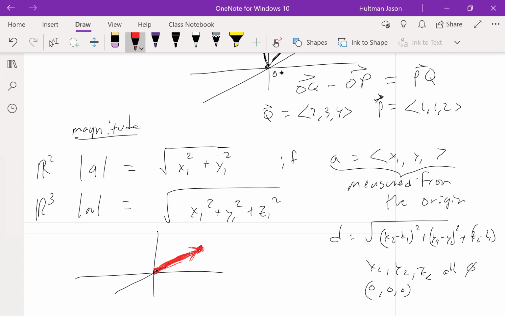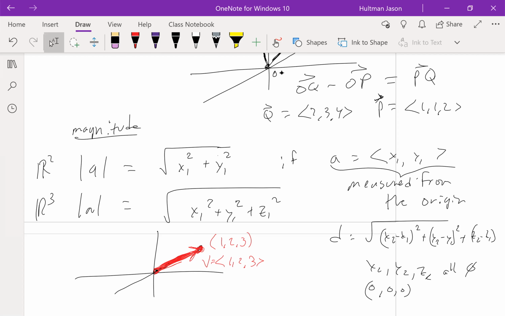So I hope that kind of made sense. So let's say that it's out at 1, 2, 3, right? Okay, what would be the magnitude of this vector that's out at 1, 2, 3? Well, the vector itself would be vector 1, 2, 3. So we'll just call this V for vector. That vector is equal to 1, 2, 3.